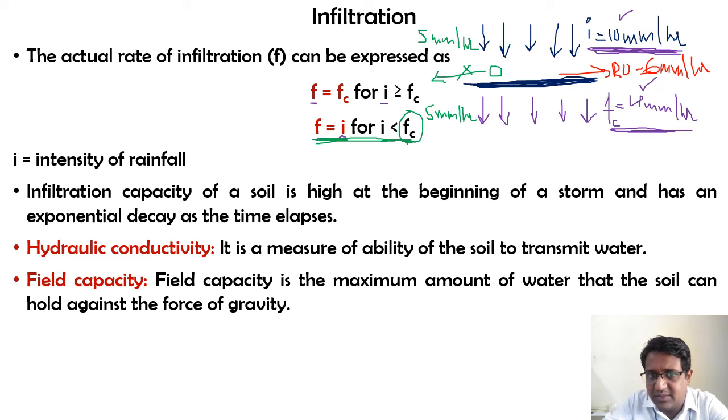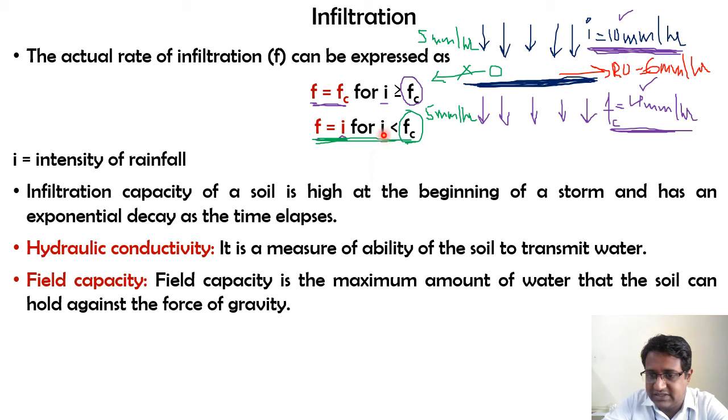Infiltration rate equals infiltration capacity, that is F equals Fc, because the water cannot enter the soil at a greater rate than Fc, because Fc itself is the maximum rate at which the water can enter, right? So if the intensity of rainfall is more than the infiltration capacity, your infiltration rate F will equal Fc. I hope it is clear.